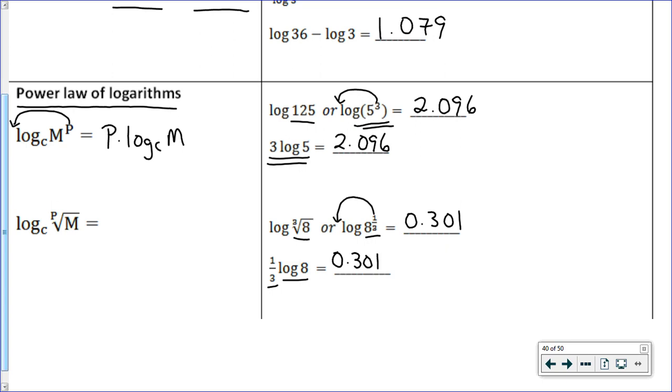It's 0.301. And so over here, I can rewrite log base c, the p root of m, as log base c m to the power 1 over p. And then again, I'm going to bring this exponent down in front. So I have 1 over p log base c of m. These are the 3 laws of logarithms that we're going to practice today. And again, all 3 of them are on your formula sheet.